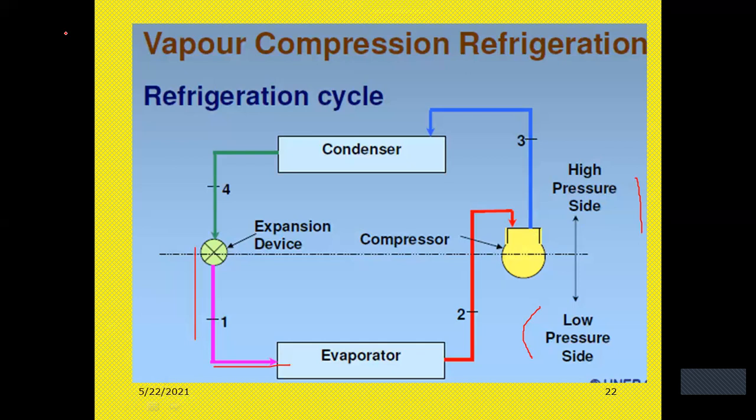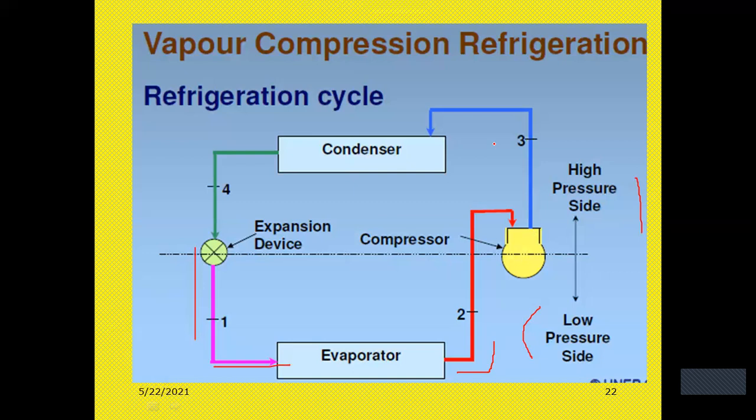The first one is the evaporator. From 2 to 3 is a compressor, 3 to 4 is a condenser, and 4 to 1 is an expansion device. Here we have the low pressure side, and at the top level it is the high pressure side.